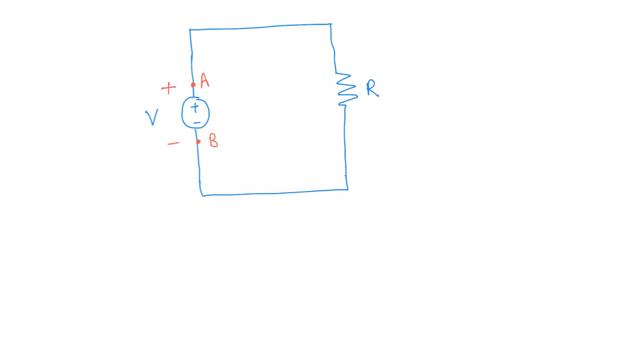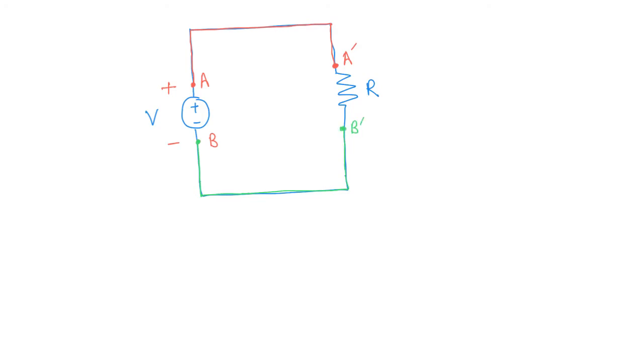The connection here basically shows an equipotential connection, which means that the potential at this point, let's call it A prime, is the same as A. In the same way, the potential at B is the same as at B prime, which is this point.